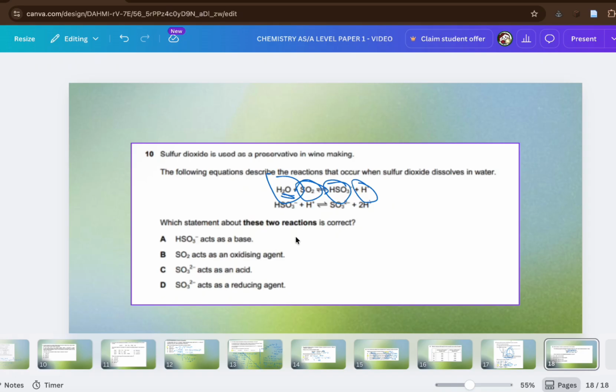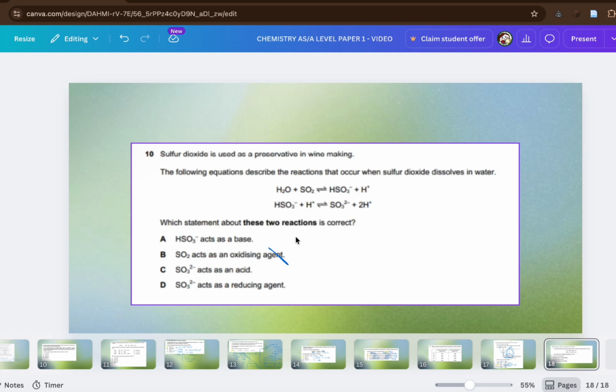SO2 acts as an oxidizing agent. Let's see the equation. From the equation, there is no change in electrons in SO2, which means it's not an oxidizing agent, so we will eliminate that. Next, SO3 acts as an acid.